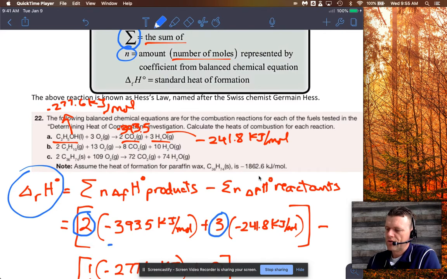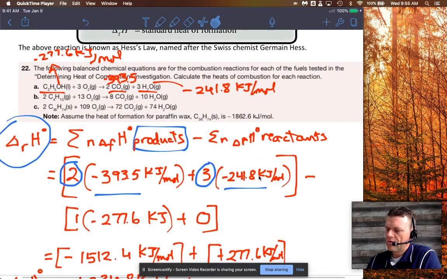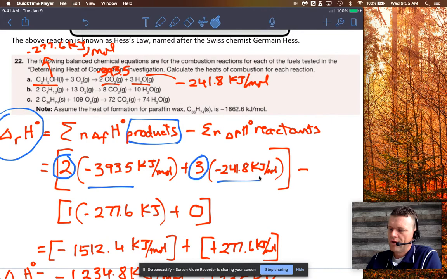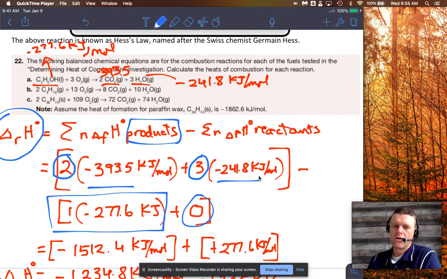So I got those two numbers, carefully did those, and put them in square brackets because you need to do the products all together. Then you do the reactants. Of course, the reactants, there was only 1 mole of ethanol, and oxygen doesn't have a heat of formation.